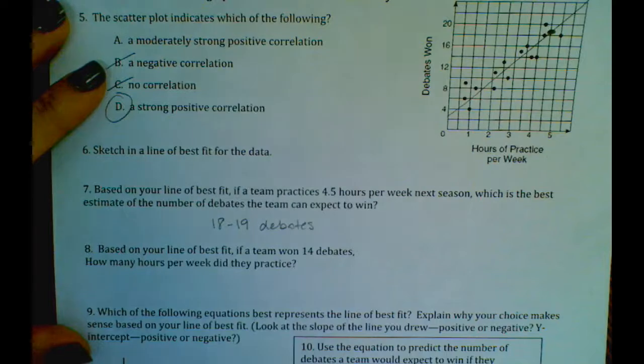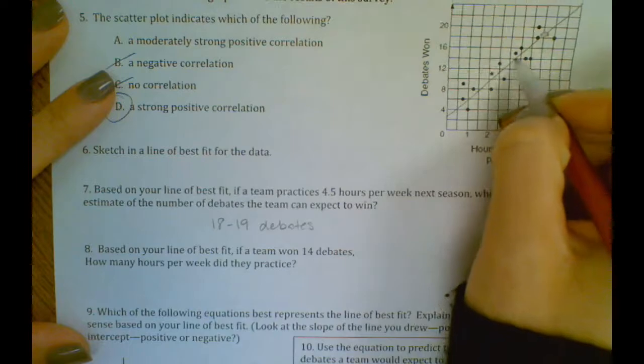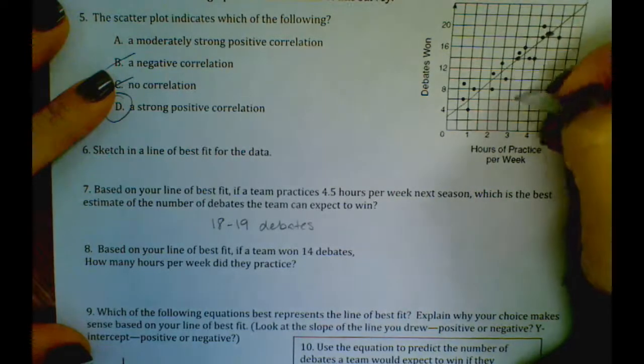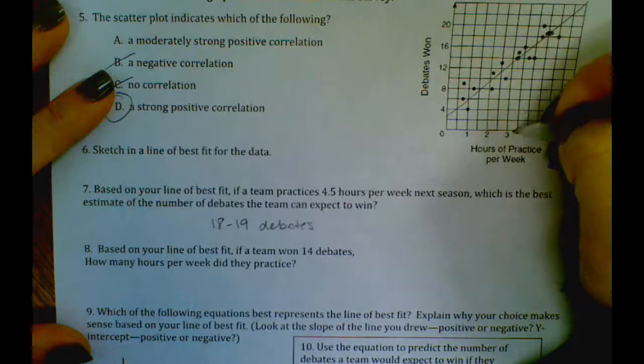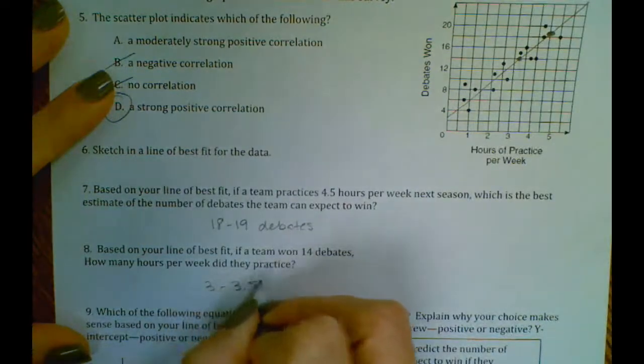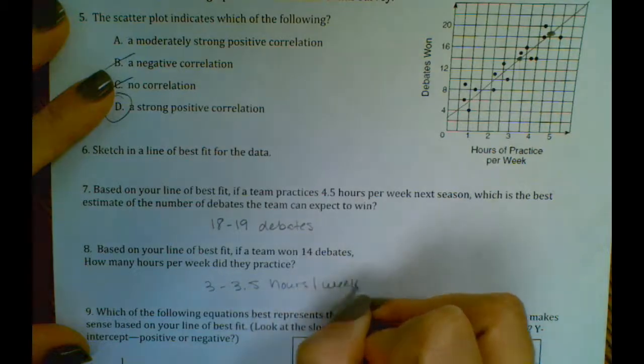Okay, it says based on your line of best fit, if a team won 14 debates, how many hours of practice would that take? So we go up here to 14, and we find where it crosses. It looks like it would take not 3.5, but not 3 hours, but somewhere between 3 to 3.5 hours per week of practice.